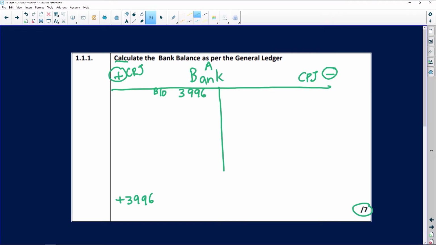So we are now cancelling the 300 Rand. We are going to decrease our bank account by 300. I'm doing a T account, so I'm crediting bank, but you could always minus 300 if you prefer to do a sum. Okay, right, first error sorted.